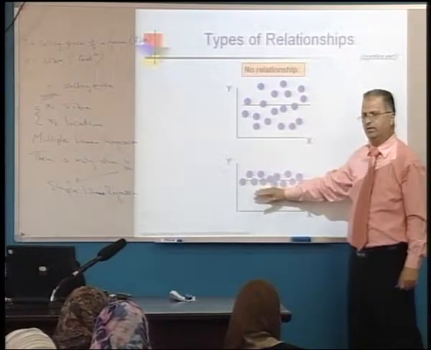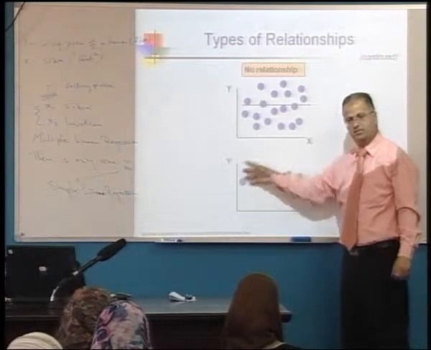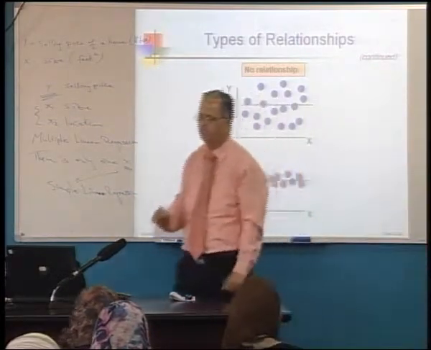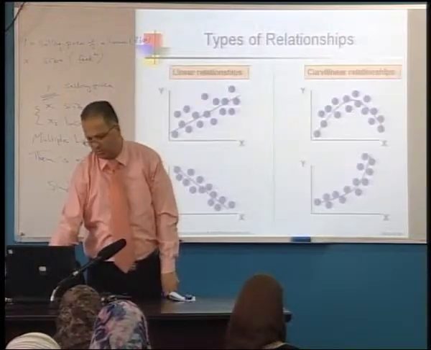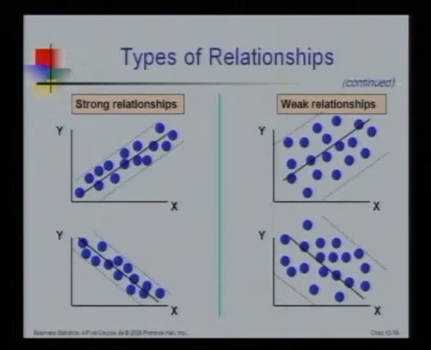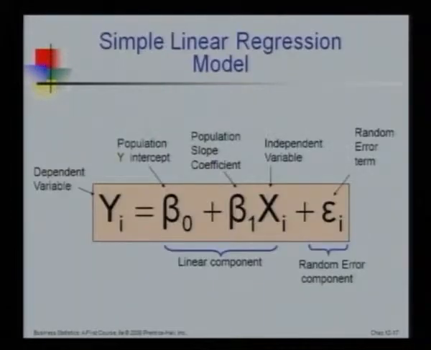The same as this one: X increases, Y stays nearly in the same position, then there exists no relationship. So, a relationship could be linear or curved linear, positive or negative, strong or weak, or sometimes there is no relationship between the two variables.